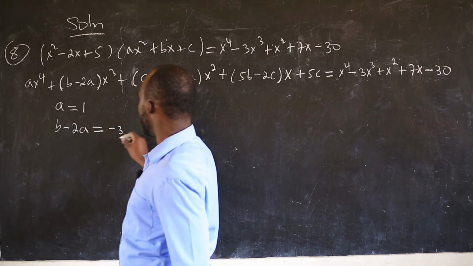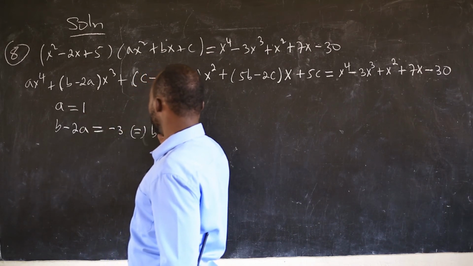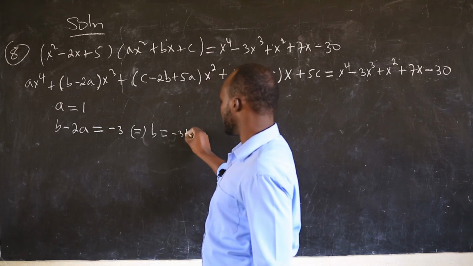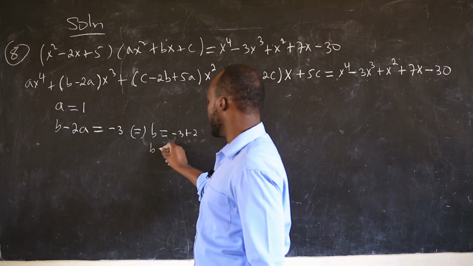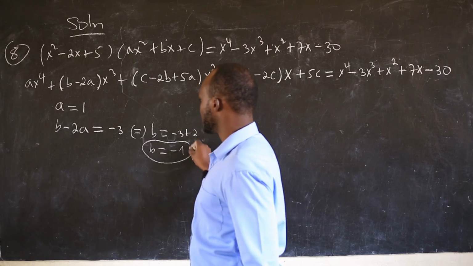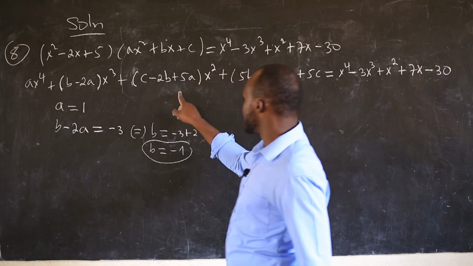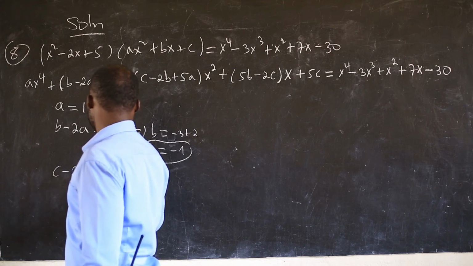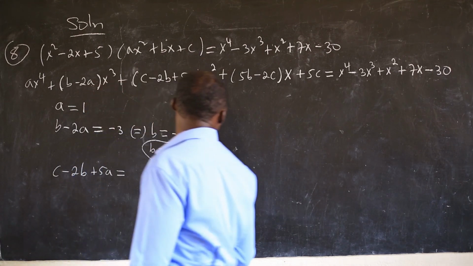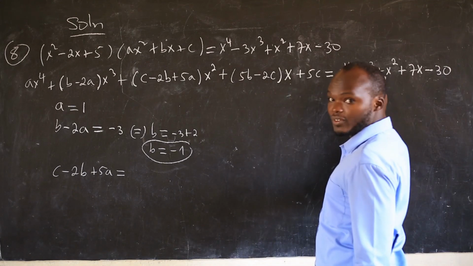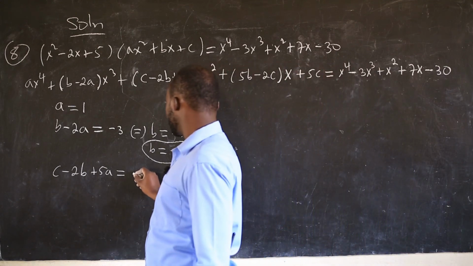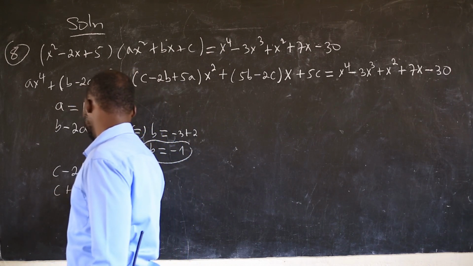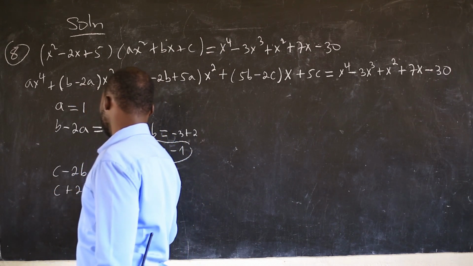So from a equal to 1, it means that b will be equal to negative 3 plus 2, so b will be negative 1. Then c minus 2b plus 5a equal to 1, the coefficient of x squared, which is 1. So b is equal to negative 1, that is c plus 2 plus 5 equal to 1.